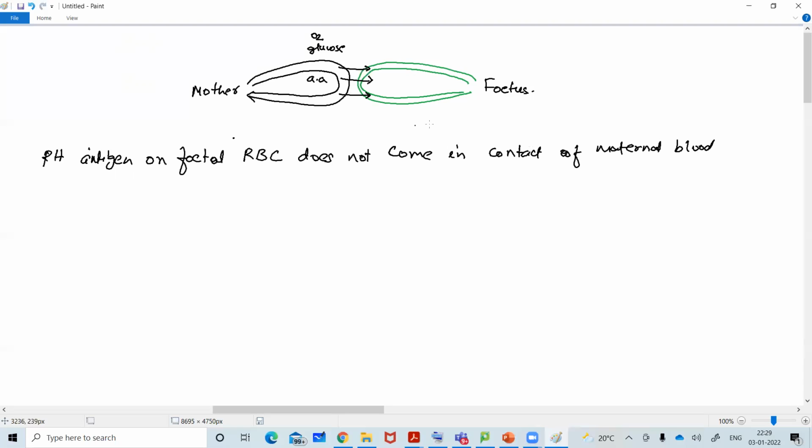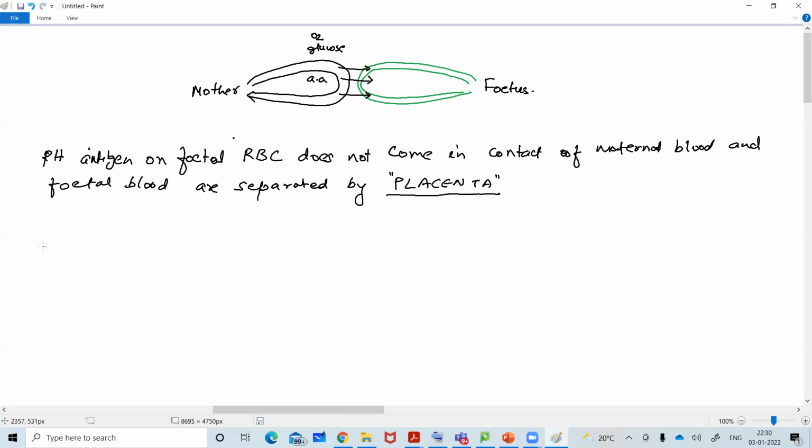Maternal blood and fetal blood are separated by the placenta. The placenta is a junction which provides that close proximity. The placenta is a barrier which prevents the direct connection.